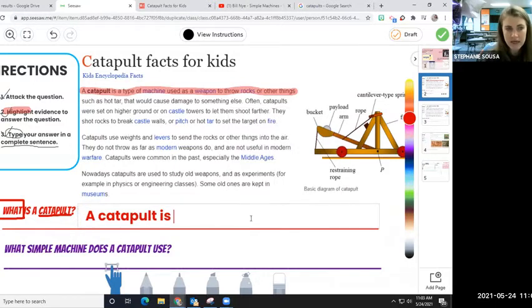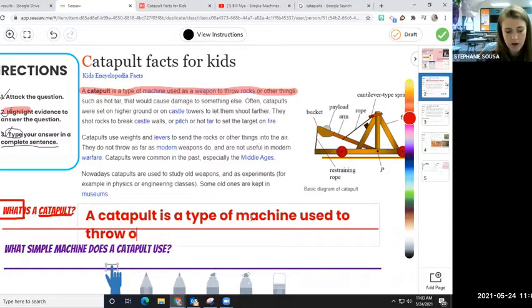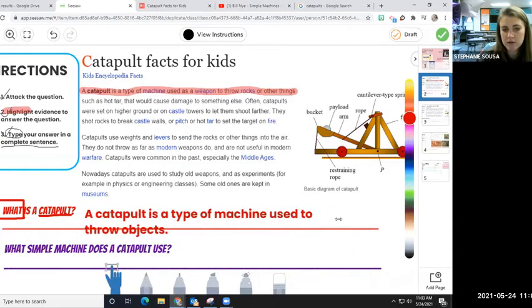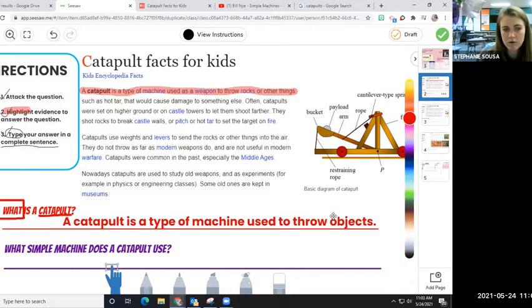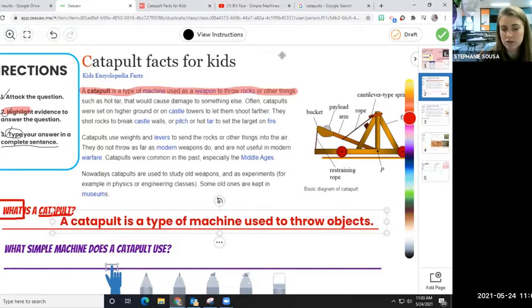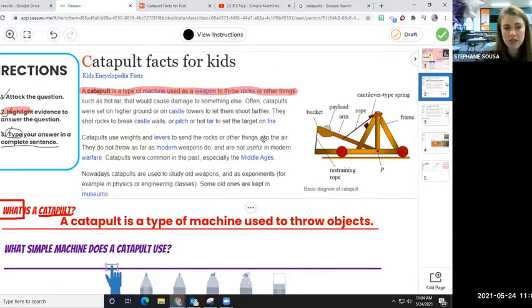A catapult is a type of machine used to throw objects. Okay, I've simplified that answer a tiny bit. Instead of listing the exact items it can throw, I know that those items are objects, so I have labeled it as such. A catapult is a type of machine used to throw objects. I am writing, you are writing.